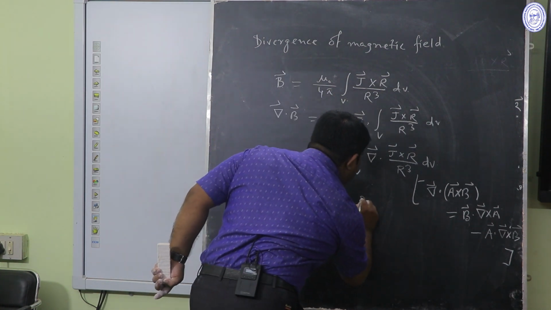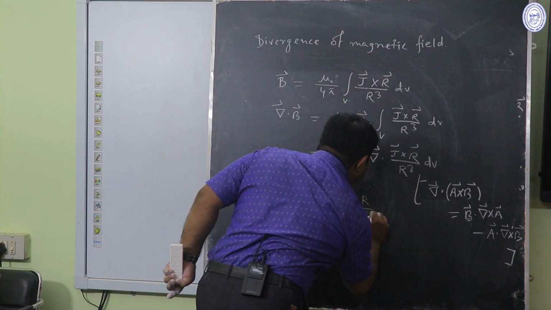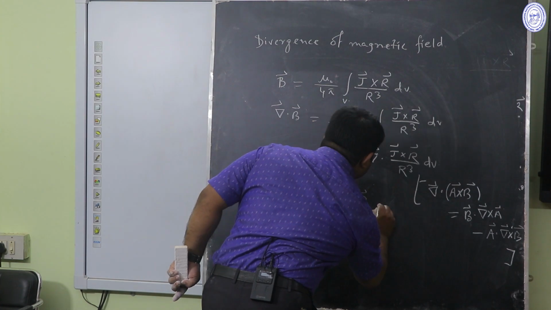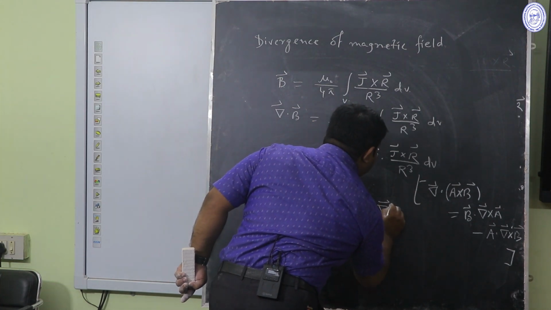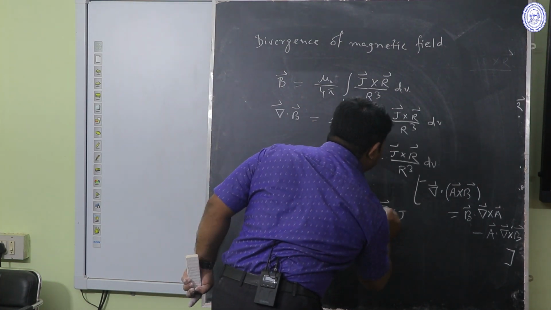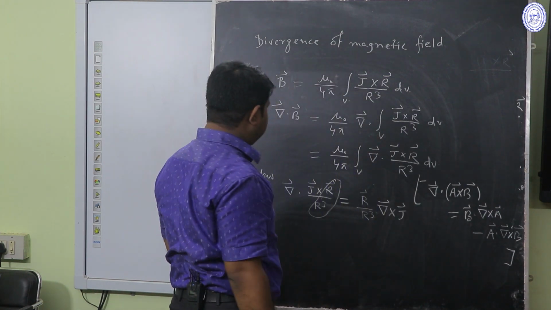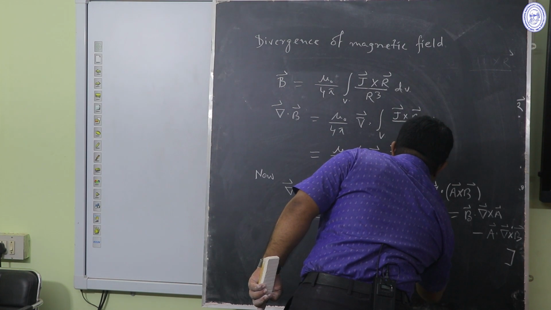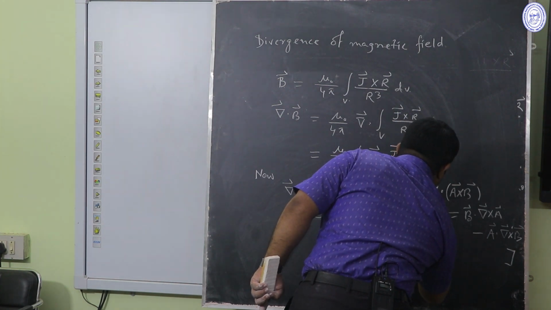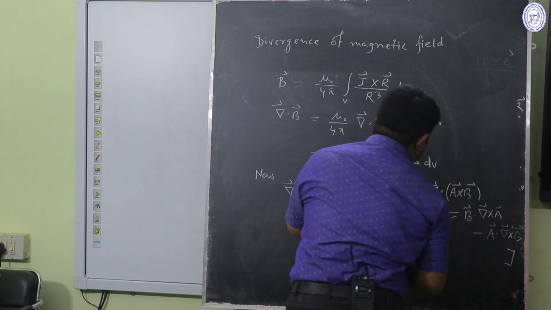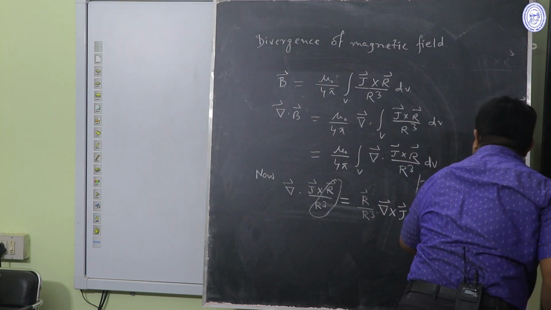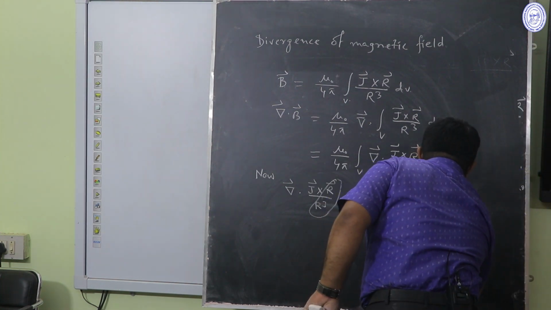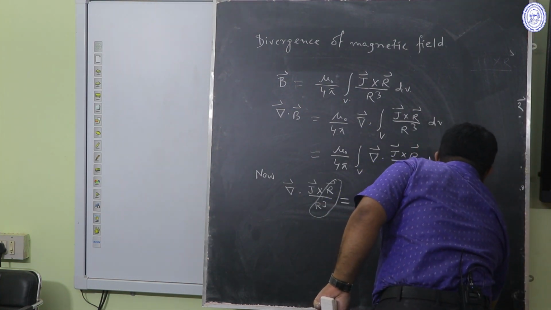So R by R cube into curl of J, minus J dot curl of R by R cube.